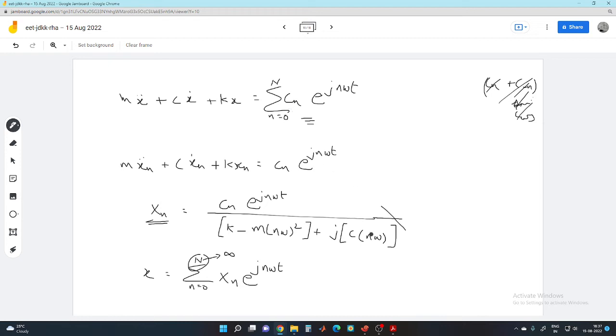Now, if there is no damping, the expression becomes much simpler. We have Cn e raised to power j n omega t upon k minus m n square omega square. So now we don't have the complex part, so there is no need for vector addition.